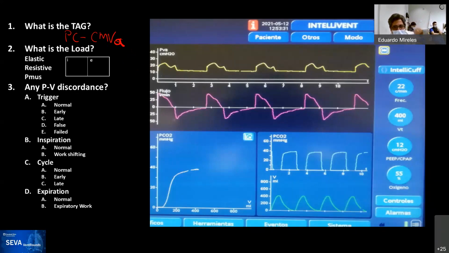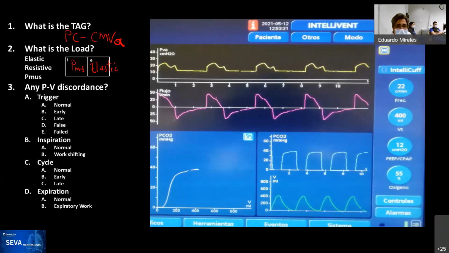Now, in terms of the load, I think it's PMAS during inspiration. I think during exhalation, I'm leaning towards elastic. Now, in terms of trigger, if I'm right with the control variable, the flow waveform looks passive at the start, and then at one point we get a hump, like the evidence from the PMAS.